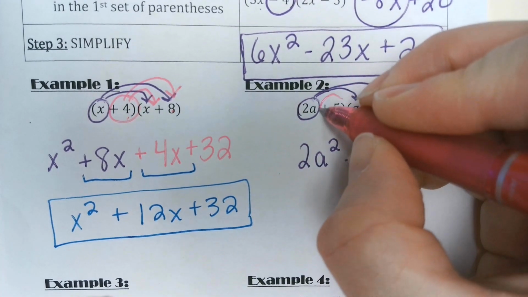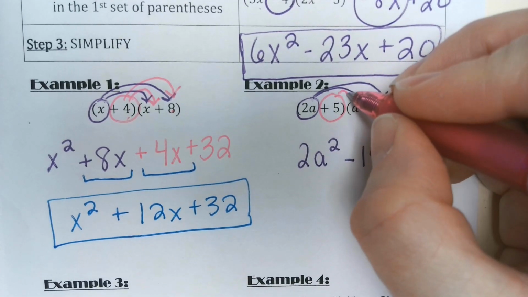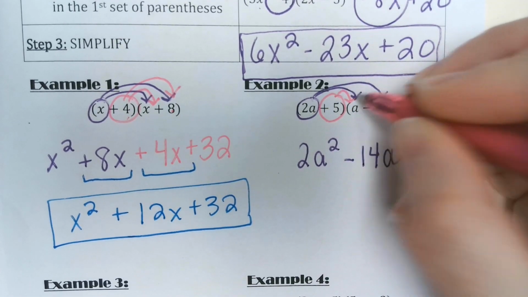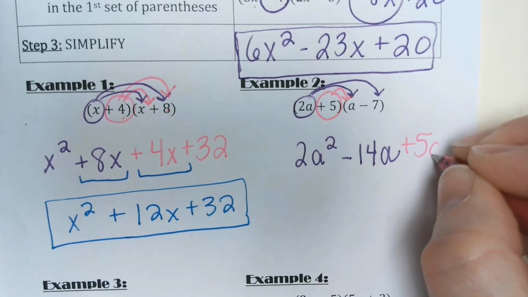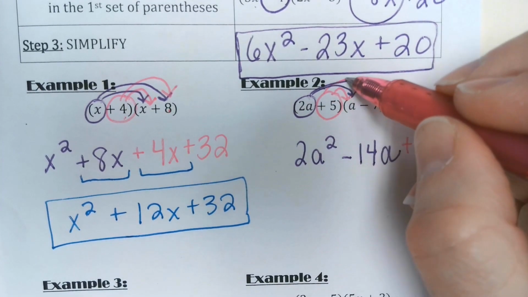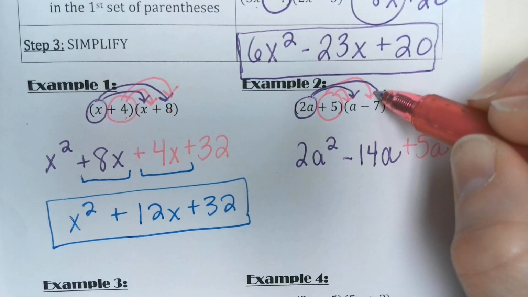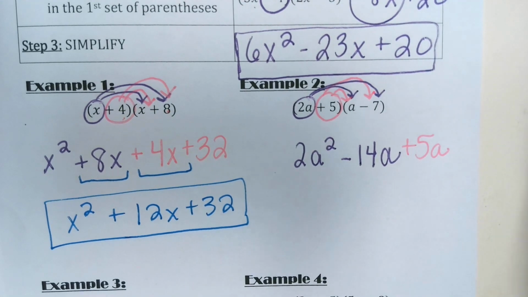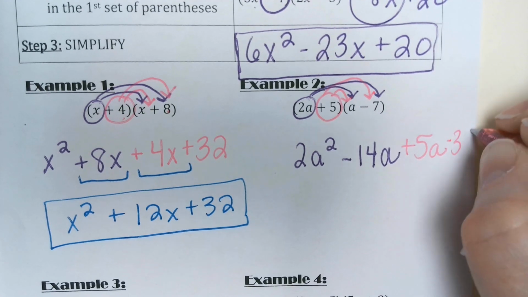And now distribute the 5. 5 times a. And then 5 times negative 7. 5 times 7 is 35, but it's going to be a negative 35.